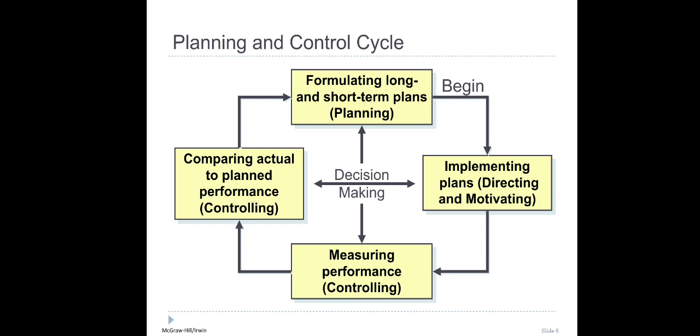This is like a circle. If you are a manager, you have to do these three functions again and again and again. So always remember, the management accountant helps managers when the managers have to do these three functions of management.